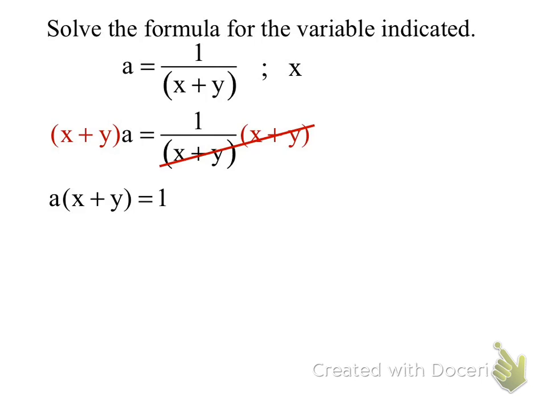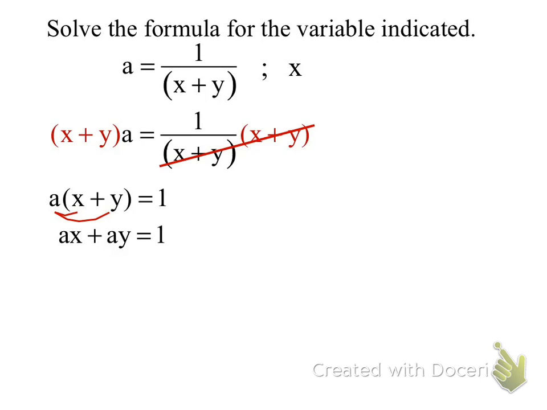Now, what do I need to do? Now, I do this different than my PowerPoint. Well, let's do it the way my PowerPoint does it. Okay, now they're distributing. Okay, distribute. It becomes AX plus AY.